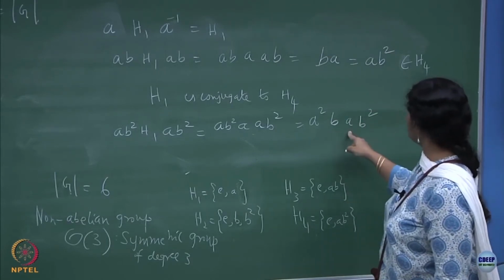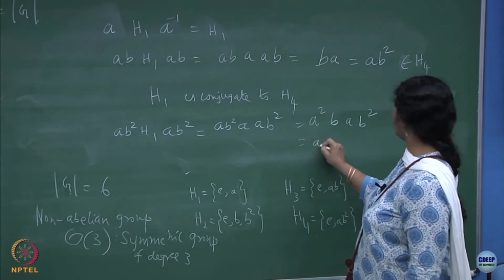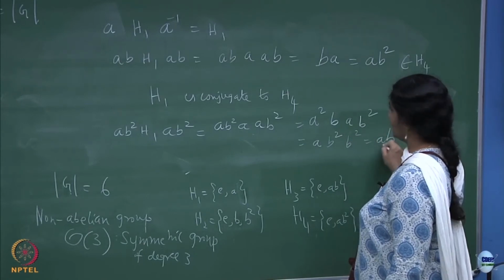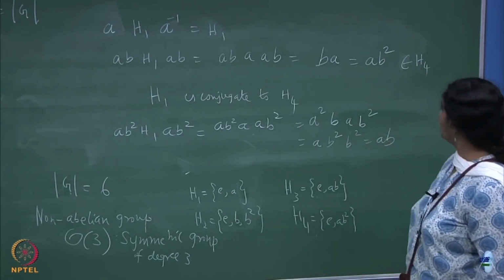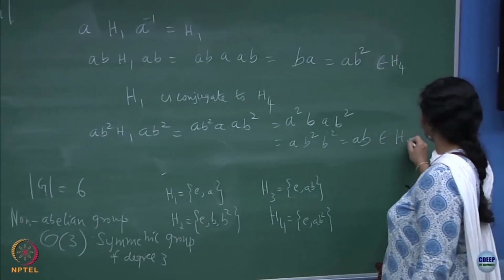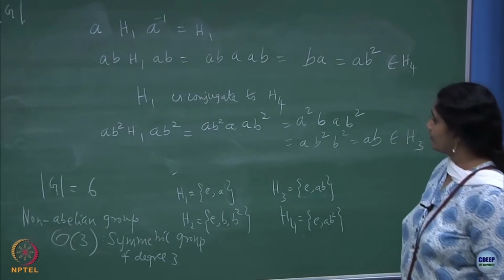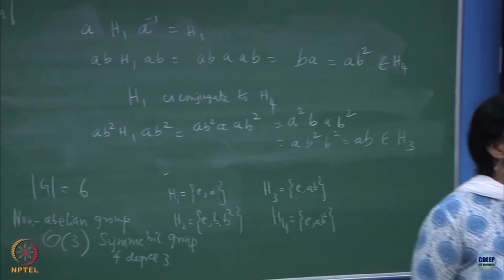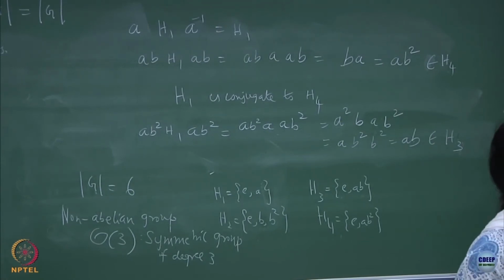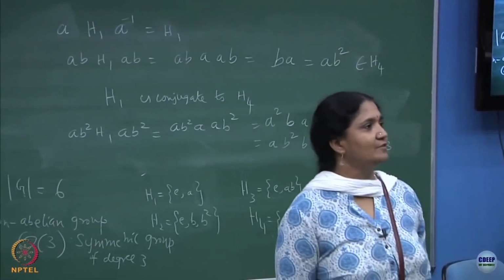And B A is A B squared. So, this is an element of H3. So, H1 is conjugate to H4, we have checked. H1 is also conjugate to H3. So, it means H1, H3, H4 are conjugate to each other.